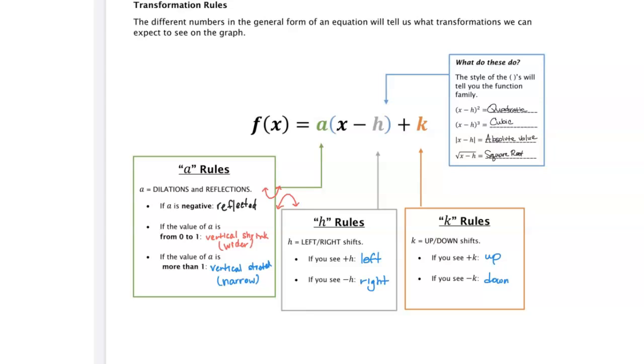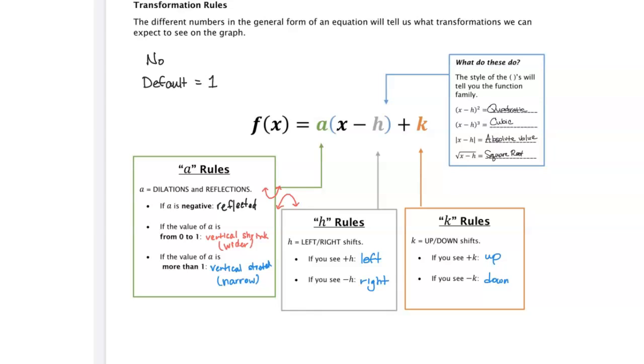There's a couple of things to note. When you're looking at our different equations in our examples, sometimes your A, your H, or your K might go missing, or they may not be visible. Anytime you don't see an A value there, you should note that your default value is equal to a 1.